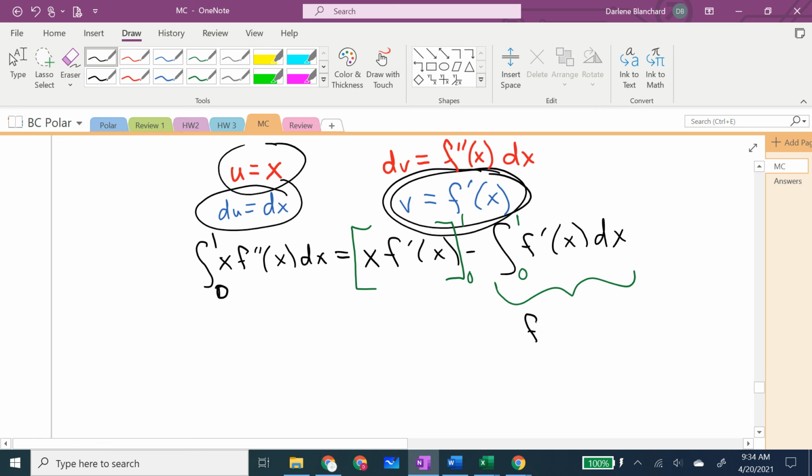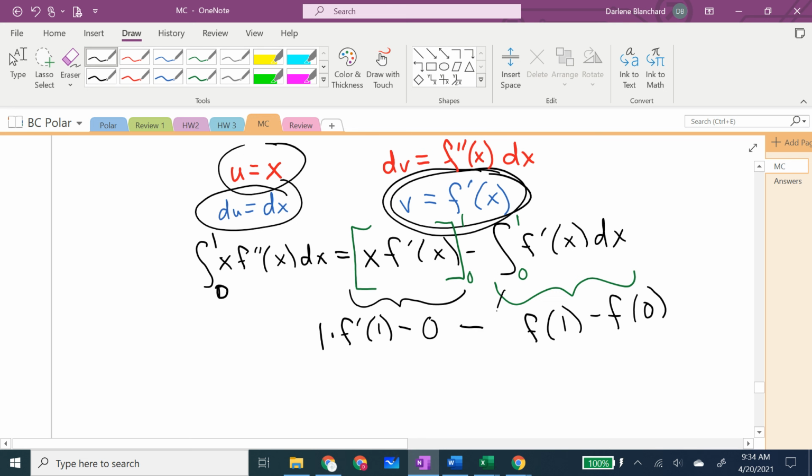It is f, and I plug in the b minus I plug in the a. And then this, evaluated from 0 to 1, is first plug in the 1 for x, and then plug in the 0 and go, well, that's 0 times, who really cares?